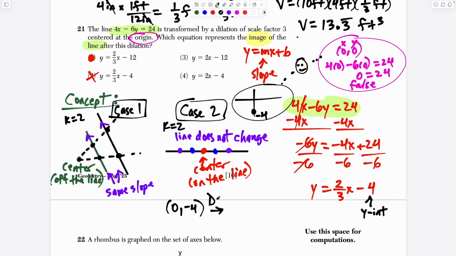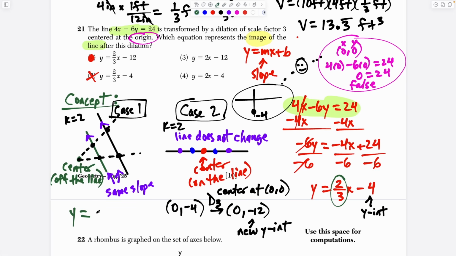If I dilate this by a scale factor of 3 with center at (0, 0), I just multiply the x and y by 3, and that gives me 0 and negative 12. So this is my new y-intercept. If I had to write the line by hand, I would say y equals m, the slope does not change, so our slope, 2/3, just carries along. So we have 2/3 x, and then our new y-intercept is minus 12. So that's why we're definitely going with choice 1.